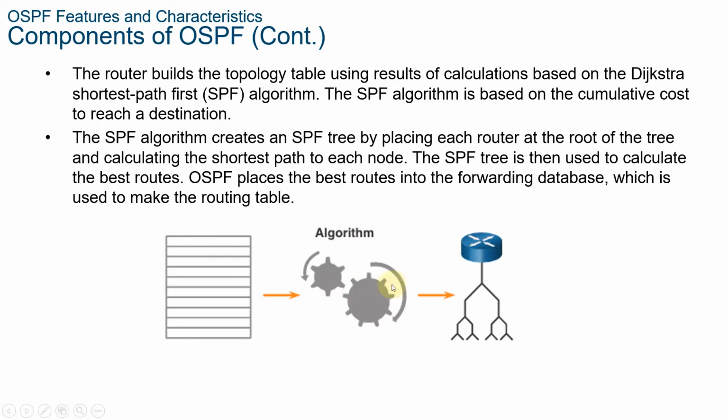It creates an SPF tree by placing each router at the root of the tree and calculating the shortest path to each node. The SPF tree is then used to calculate the best routes. OSPF places the best routes into the forwarding database, which is used to make the routing table.